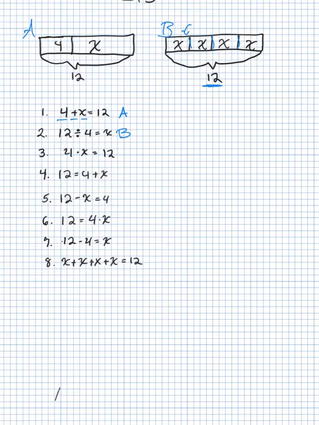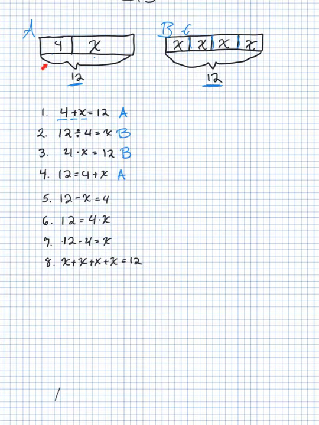I've got 4 times x is equal to 12. I think that's once again B, because I've got x 4 times, so we'll call that B. I've got 12 is equal to 4 plus x. So I've got 12, and that's going to be equal to, when I take 4 and I add it to x, so this is going to be A. I've got 12 minus x is equal to 4.